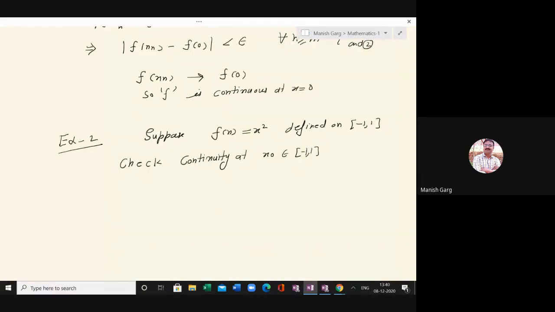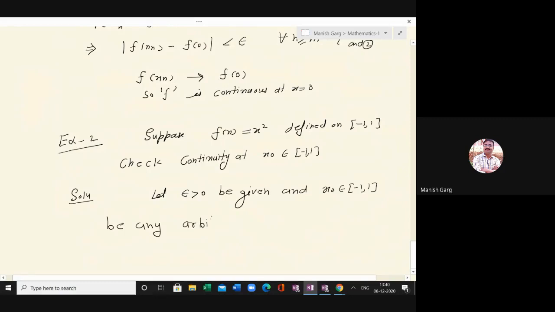Okay, now the solution. Let epsilon be greater than 0 given, and let x naught in -1 to 1 be any arbitrary point. If I prove it for x naught, then I can say this is continuous at every point.